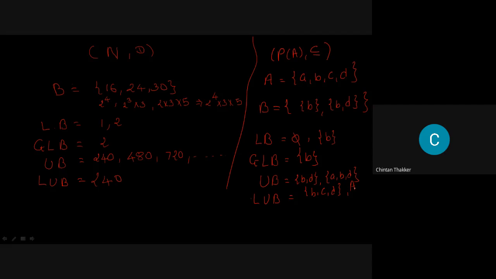Which one is the least upper bound? From these four upper bounds, which one is the least upper bound?